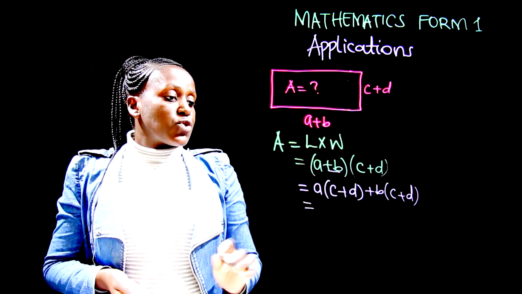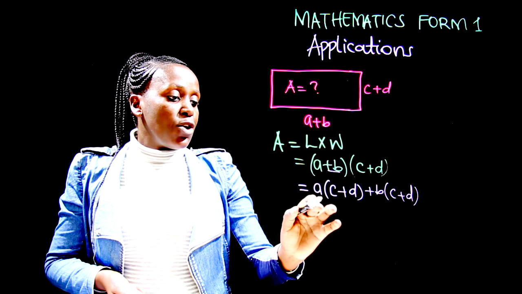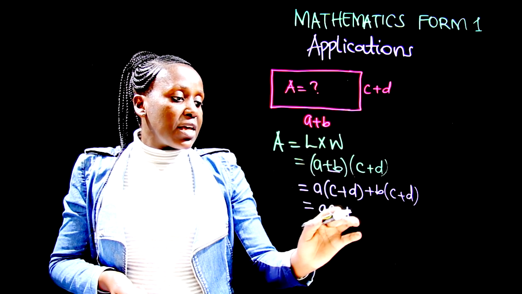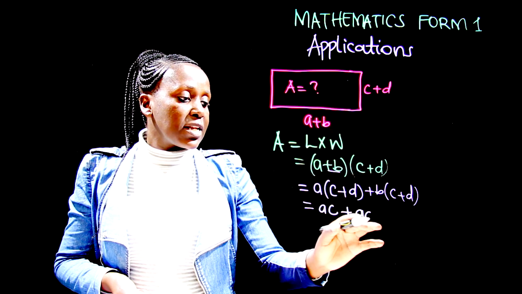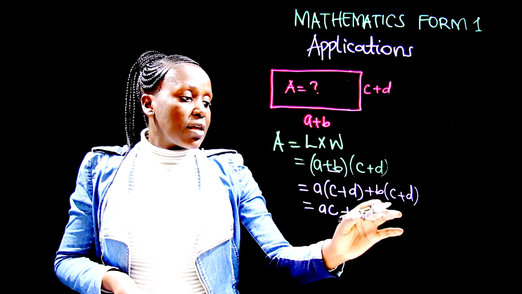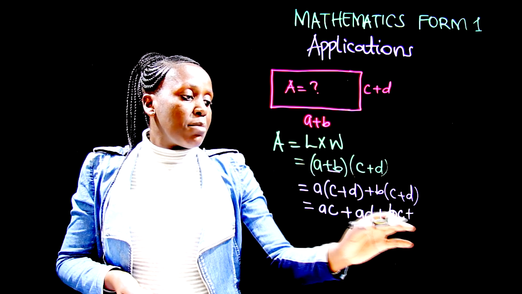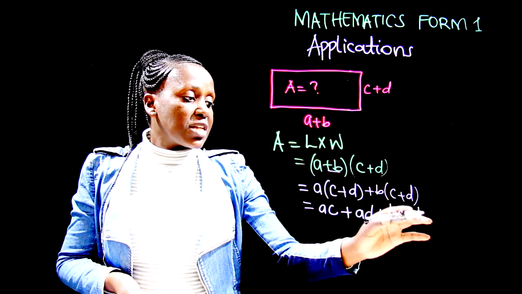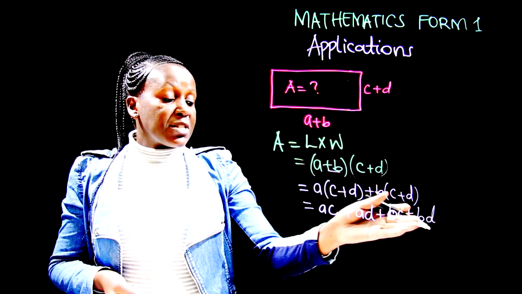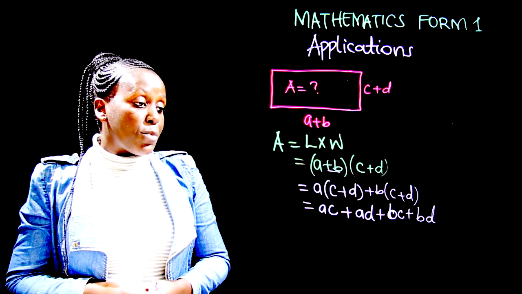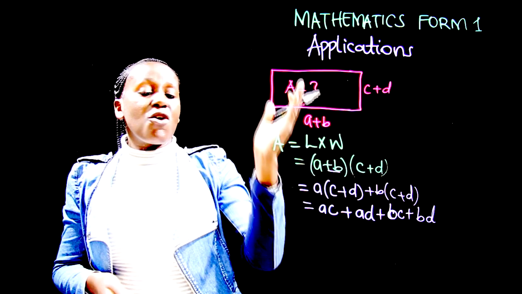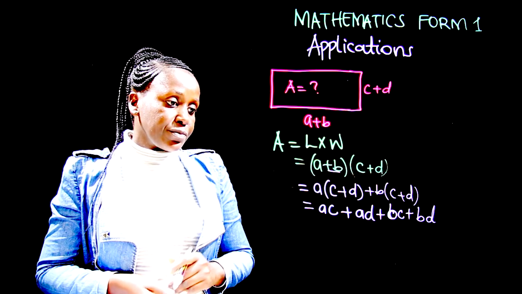So this will be equal to a times c, which is ac, plus a times d, which is ad, plus b times c, which is bc, plus b times d, which is bd. So now looking at these terms, you realize that none of them is common. So this will be the area of our rectangle.